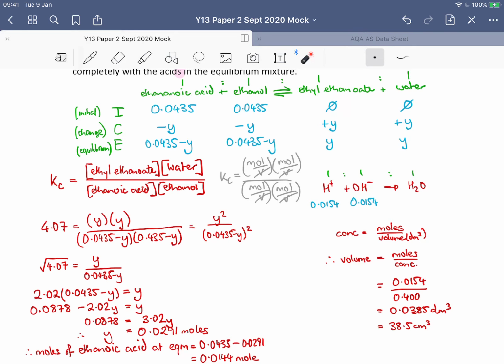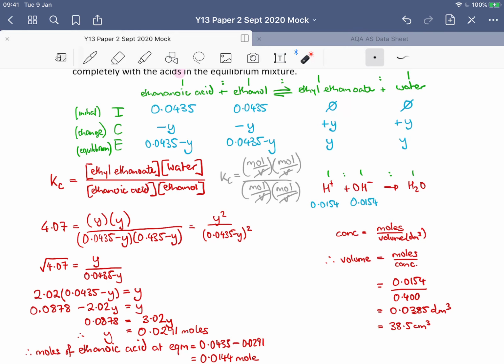Which is why we could then write our Kc expression, where we knew the value of Kc because they gave it to us. We knew the equilibrium moles of the ester and the water, and the same with the ethanoic acid and the ethanol. This was a very important way of writing that, because having them both clearly squared made life a lot easier, because then we square rooted everything.